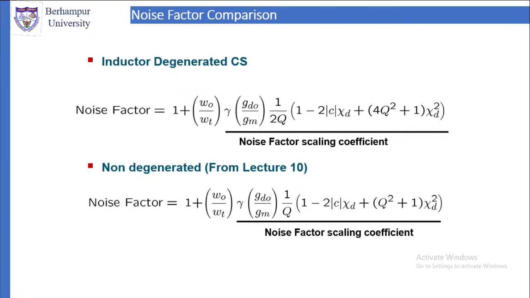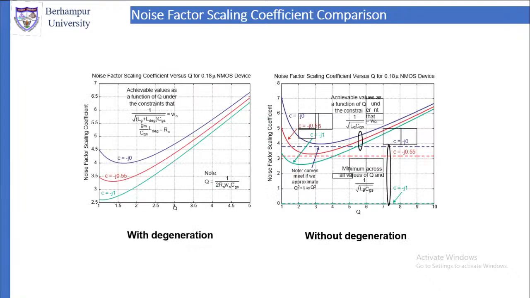Otherwise, the two expressions are the same. The comparison figures on noise factor scaling coefficient also show the same thing. One is with degeneration, the other without. With degeneration, the noise scaling factor is much lower; it almost becomes half.